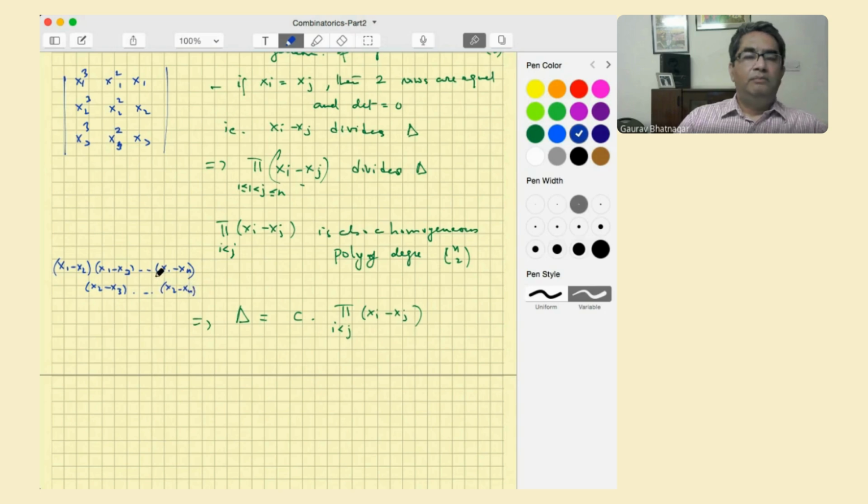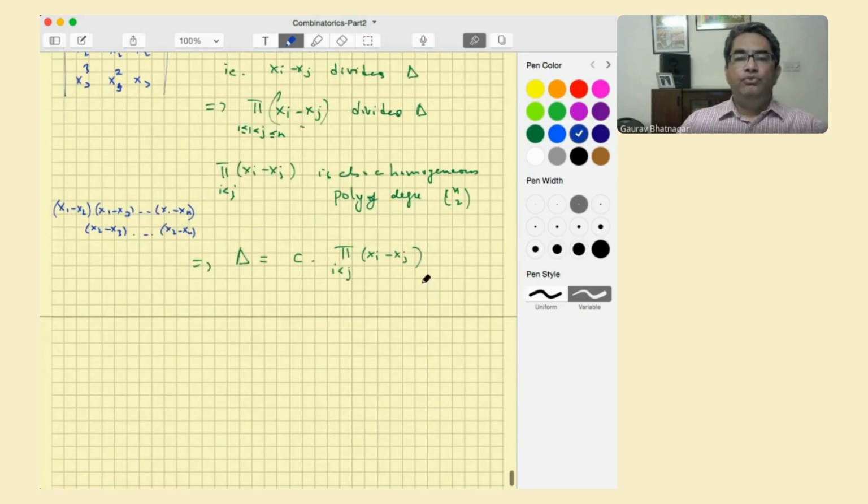So the total degree of the polynomial, picking this term, then this term, then this term, again comes to n choose 2.